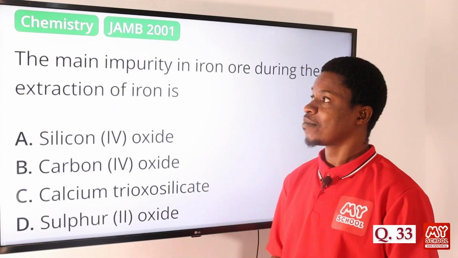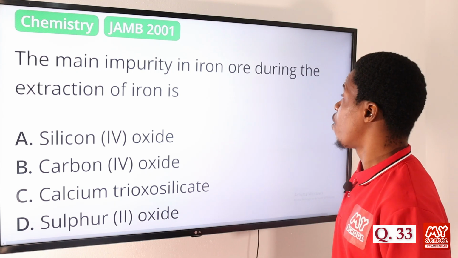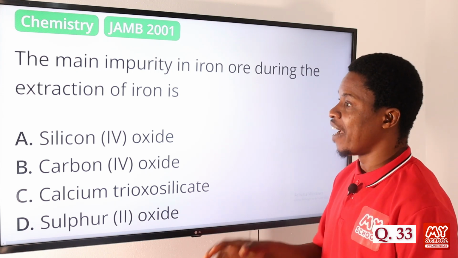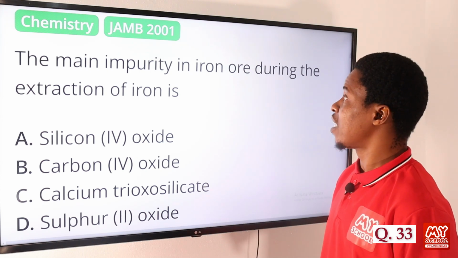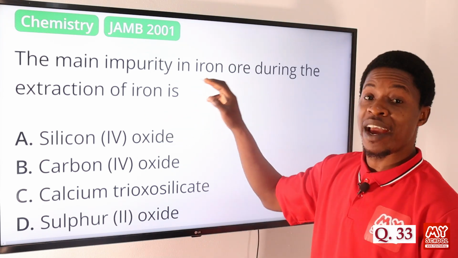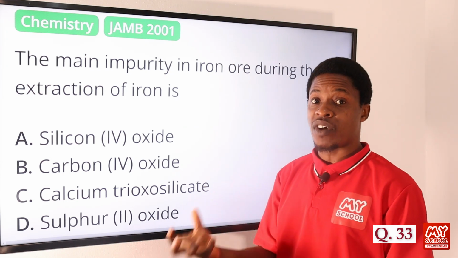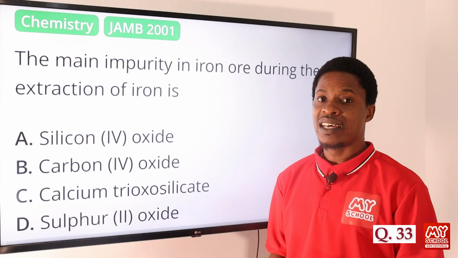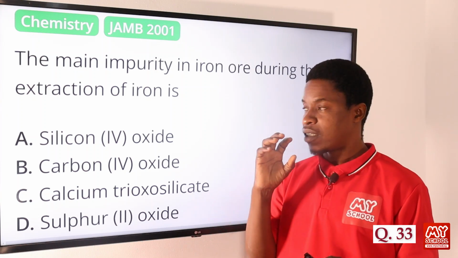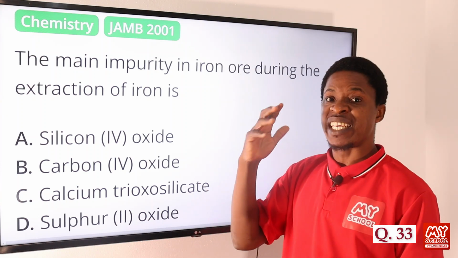Question 32. The main impurity in iron ore during the extraction of iron is what? Iron is gotten from iron ore when you extract it. But during the extraction, we have impurities, so many of them, because it is found as ore in an impure state.